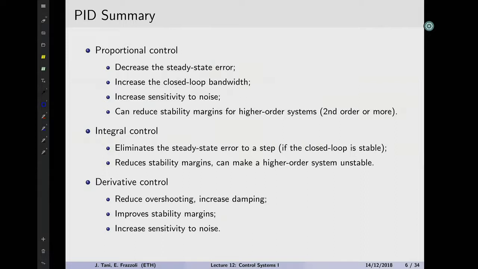So increasing the gain decreases the steady state error. And you saw that proportional control increases the closed loop bandwidth, but at the same time, of course, it increases sensitivity to noise, and it reduces the margins for higher order systems.